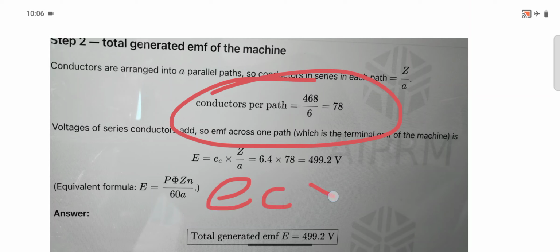EC we have already calculated, and conductors per path we calculated above. When we multiply, then we get the total generated EMF of the machine, that is 499.2 volt.